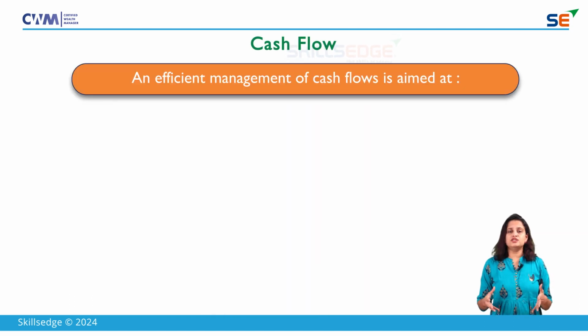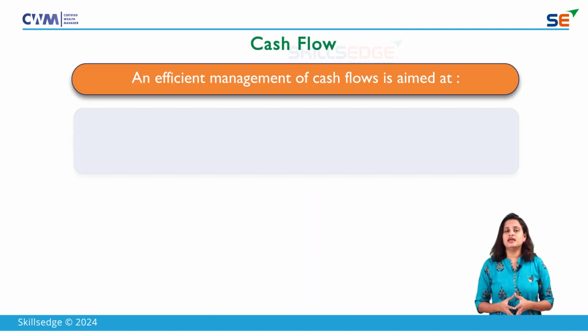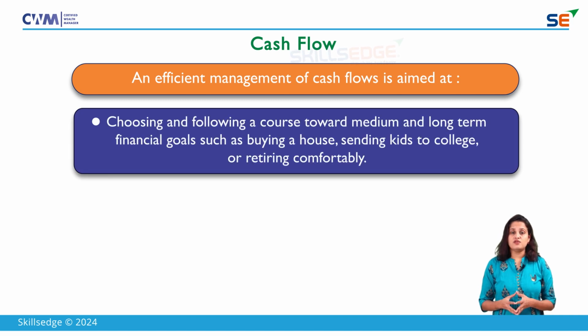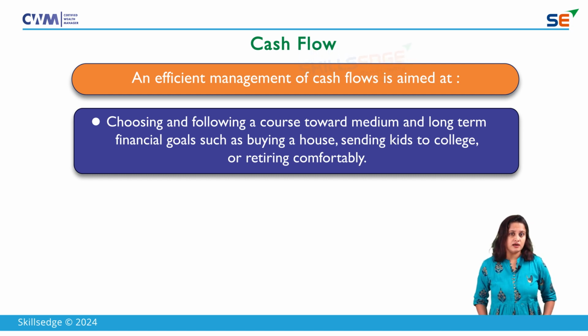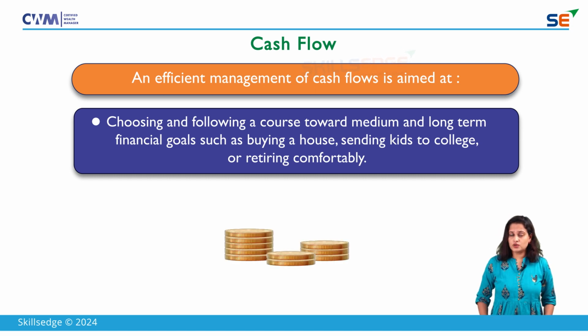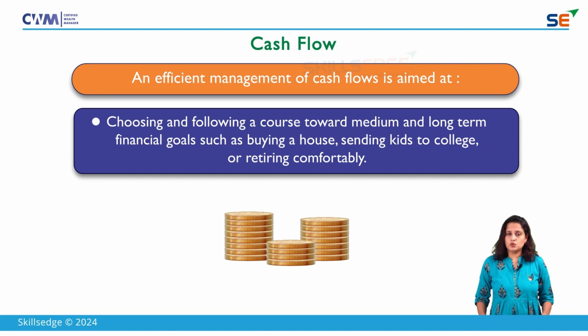An efficient management of cash flow is aimed at choosing and following a course towards medium and long-term financial goals, such as buying a house, sending kids to college, or retiring comfortably. So, if you have a good amount of surplus, you can achieve these goals efficiently and without postponing any of the goals set.